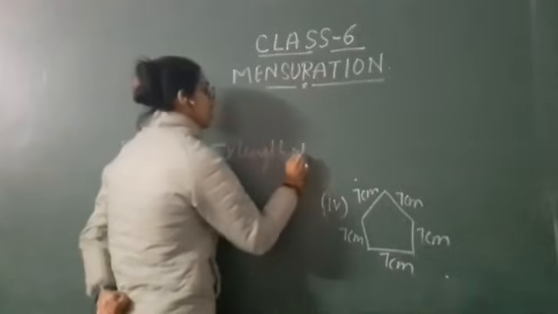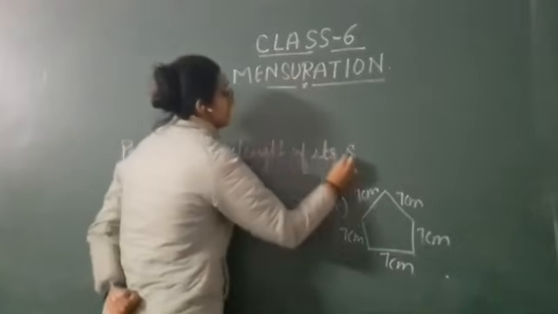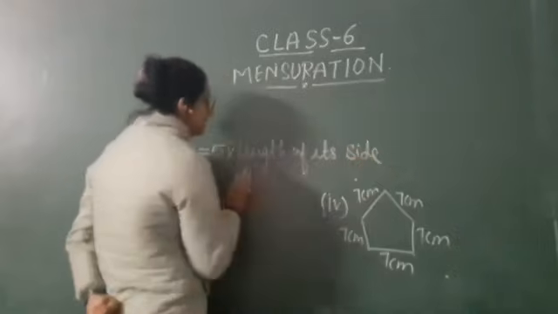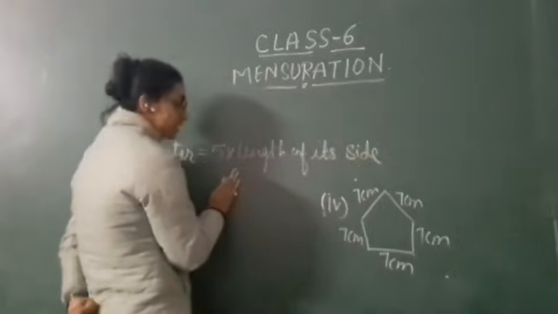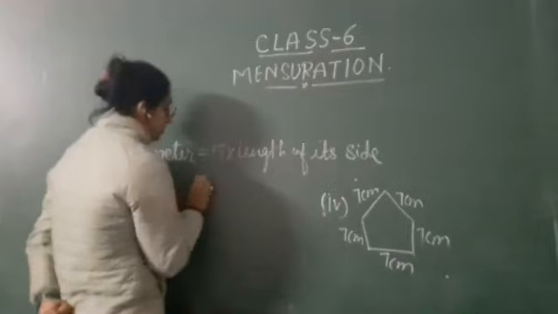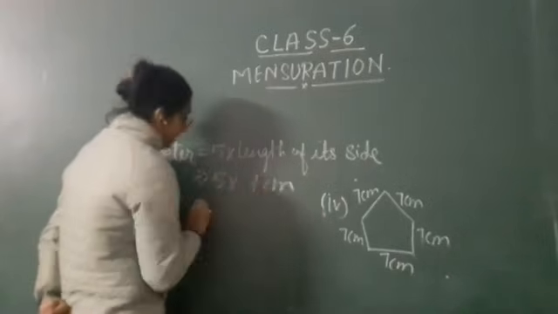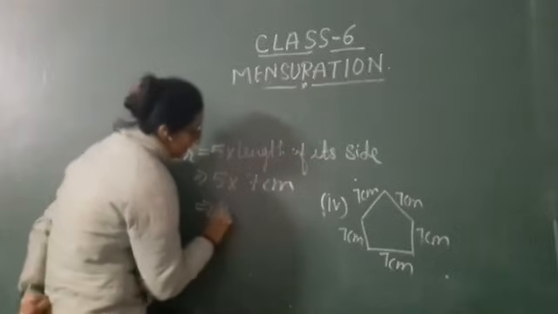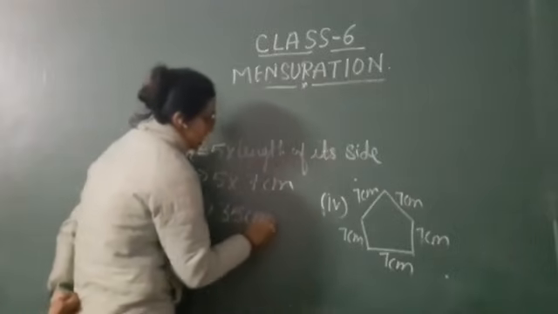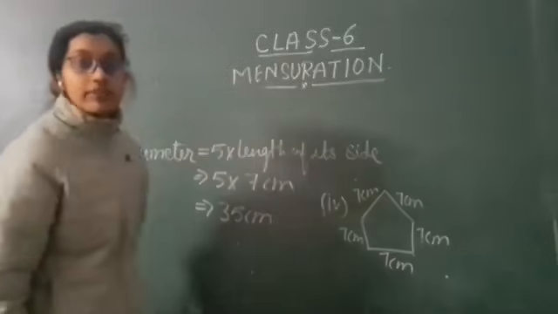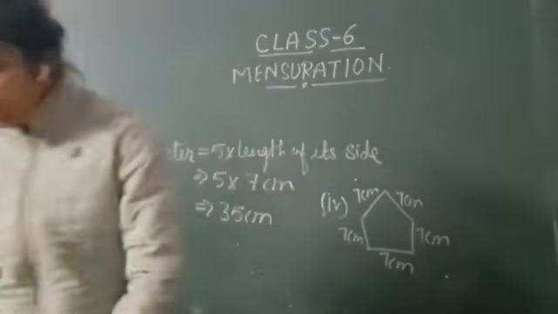You can write this formula or you can skip it, that is also correct. So 5 into 7 centimeter, it means 5 sevens are 35 centimeter. We have solved this question.